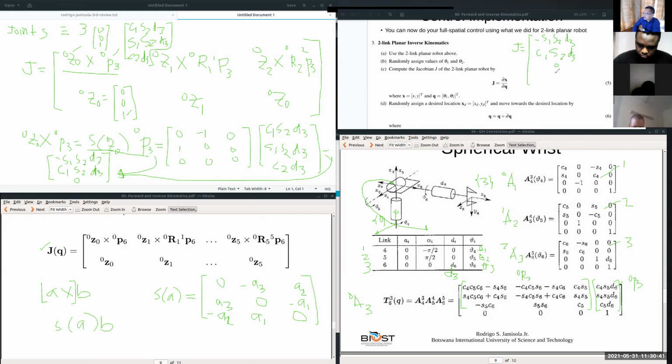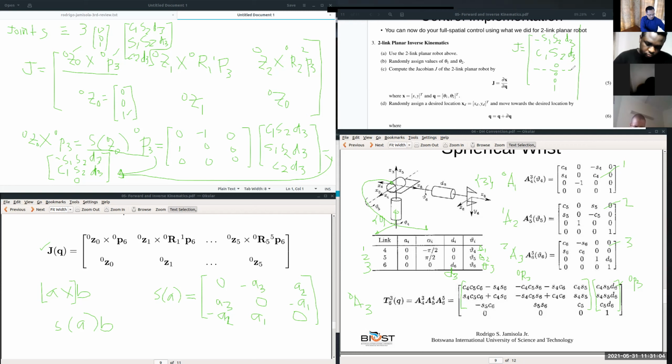Then the position part is done, and then 0, 0, 1. Now we have the first column. Then we compute the next column. The top three components are the position part, and the last three components are the orientation part.